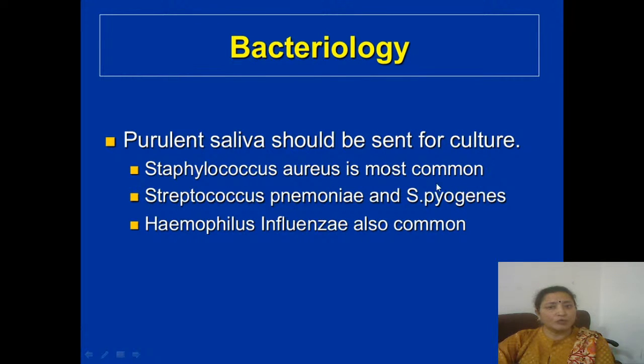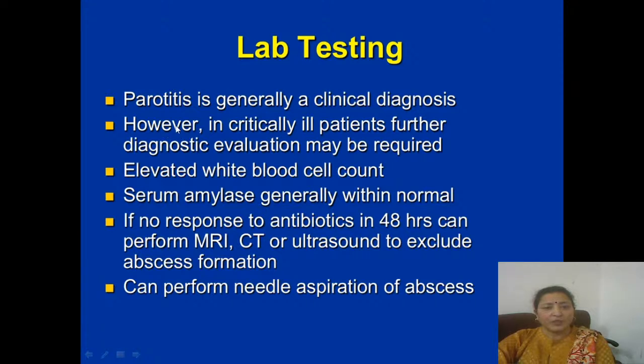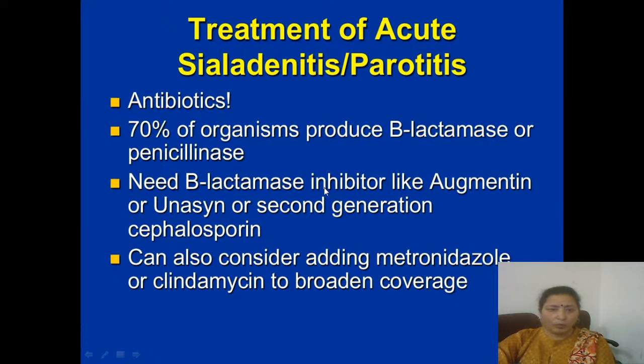Staph aureus is the most common organism seen. Streptococcus pneumoniae and pyogenes can be seen, and Haemophilus influenzae is also common. Lab tests can be done, and ultrasound can be used to see if there is a pus collection or not.